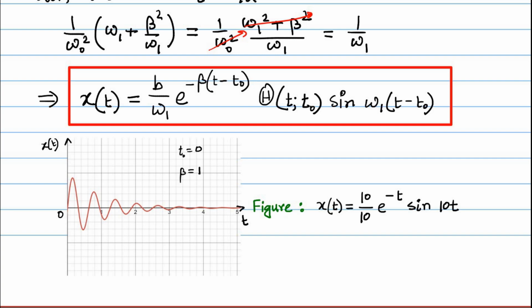So b is the area, omega 1 is the frequency, like an angular frequency quantity. So in this case omega 1 equals 10, which is confirmed by this factor of 10 here. And this is the typical response to the delta input.